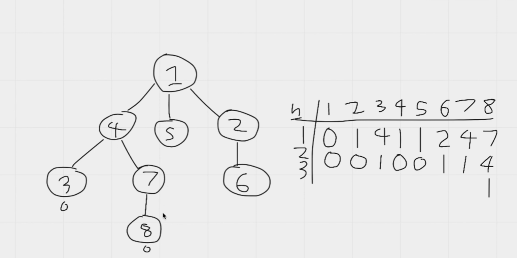What we do is move the lower node's pointer until they're on the same level. In this case, we just move it up one level, and at this point they're on the same level, right? Then we keep moving both of the pointers up until they're at the same node. In this case, we don't have to.